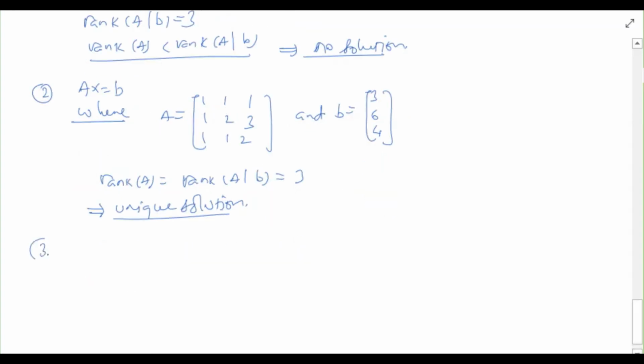Finally, let us consider Ax equal to b, where A is the same as in the first example, that is A is 1 1 1 1 2 3 0 1 2, but B now is 3 6 3.